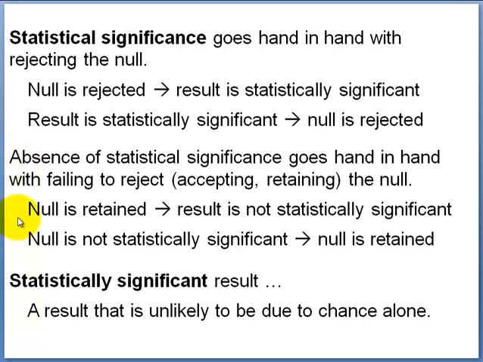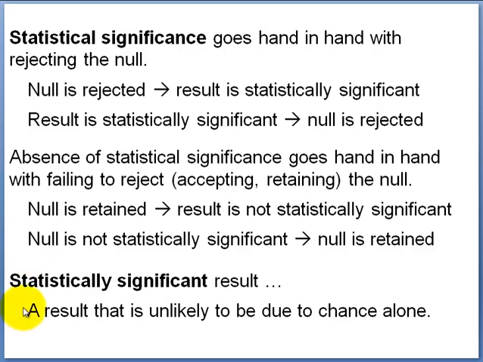So when the null is retained, the result is not statistically significant. And to be redundant, when the result is not statistically significant, that's one and the same as retaining, which is to say accepting or failing to reject the null.